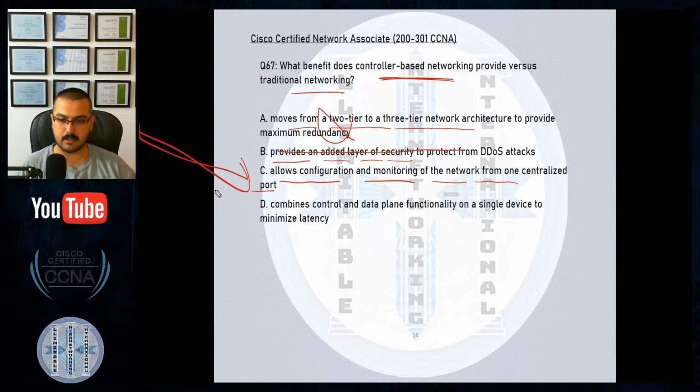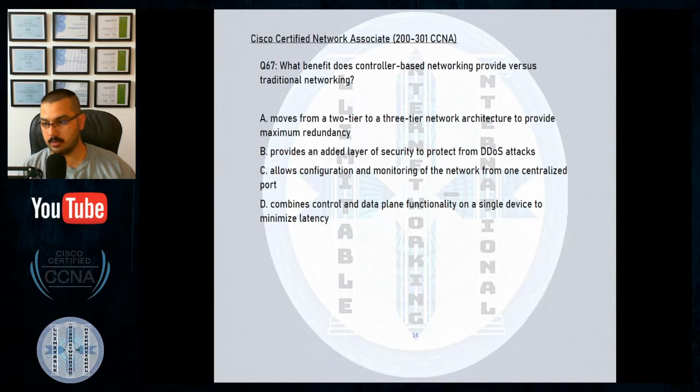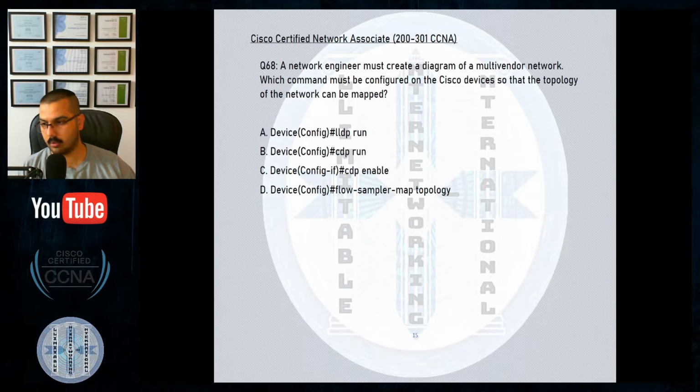Yes, a big yes. Combines control and data plane? No, it separates the control plane from the data plane and migrates the control plane to itself. So it will become the control plane of the entire network, of the entire nodes.